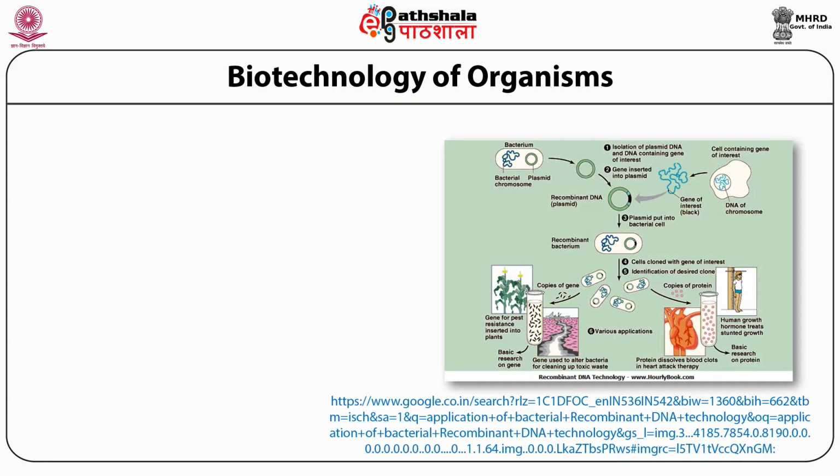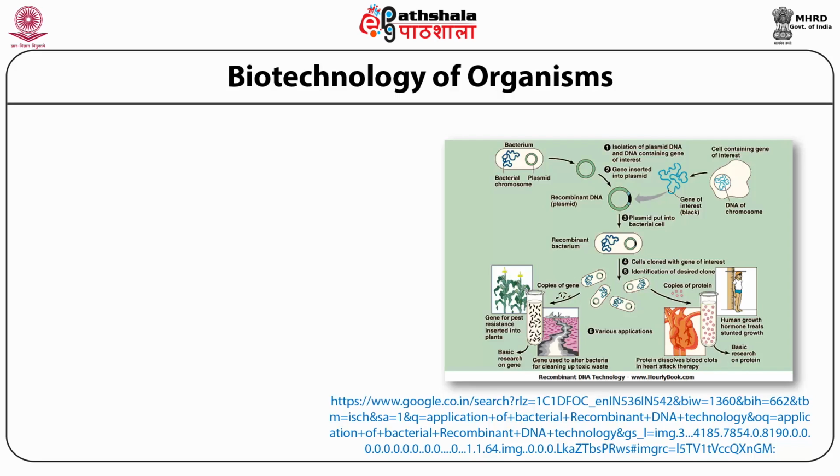Biotechnology of organisms. Generally, naturally occurring microorganisms have huge beneficial impact on different processes and products. These organisms have the capacity to produce various value-added products, enzymes and chemicals which have huge application in present global industrialization.